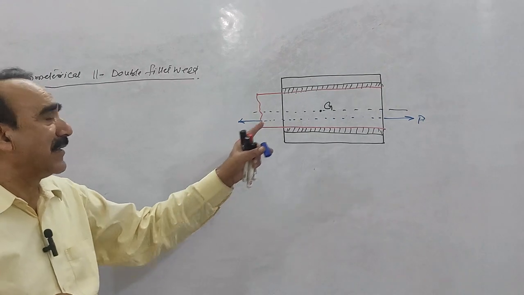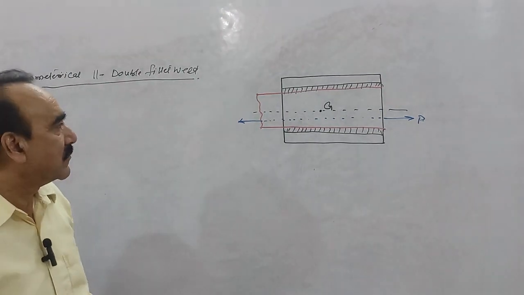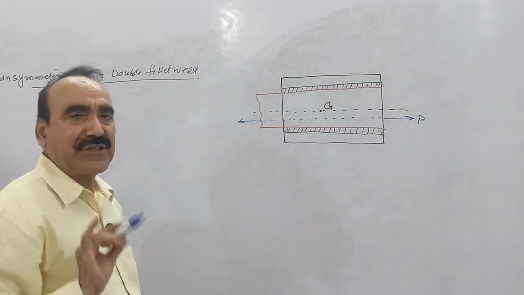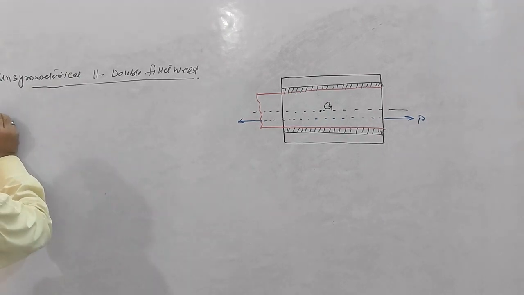So in this case, what happens? These welds are equal in length. First condition, case number 1: the welds are equal in length.